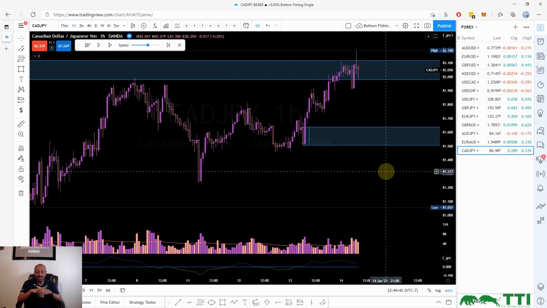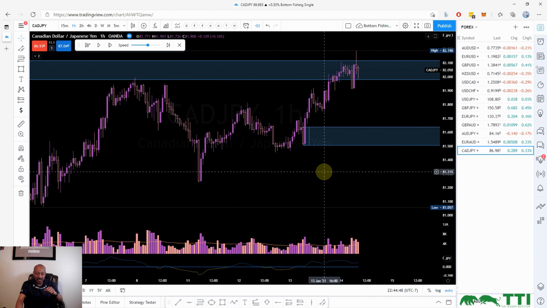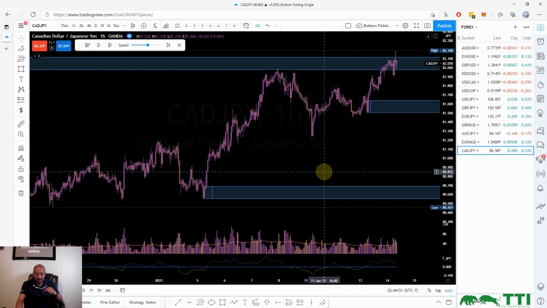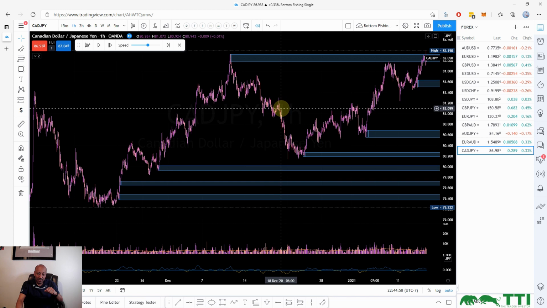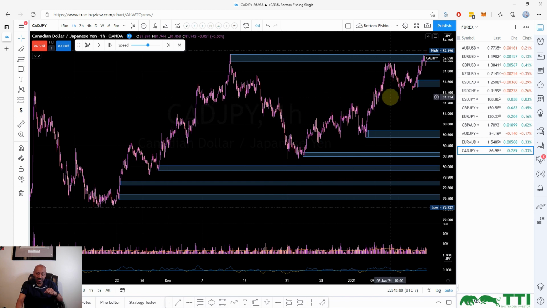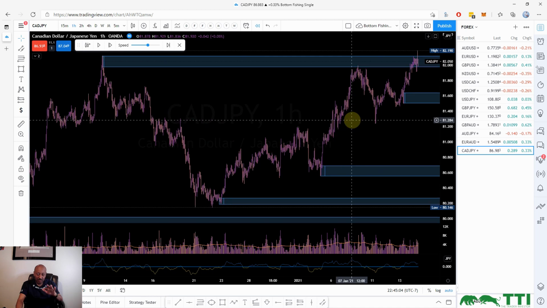What I have done is I took just one pair, Canadian dollar versus Japanese yen, and I already drew out a few order blocks. If an order block has been mitigated, I have removed it, so we only see here order blocks that are not mitigated.